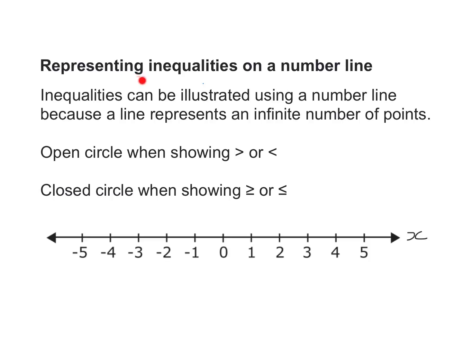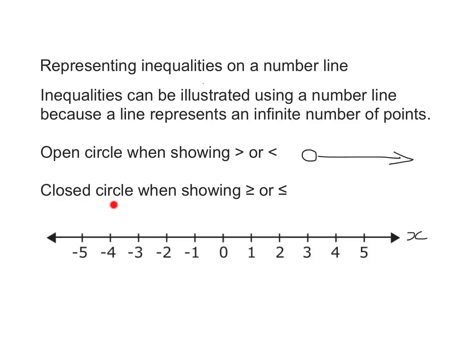We can represent inequalities on a number line. This is a number line as an example, on the x-axis. Inequalities can be illustrated using a number line to represent an infinite number of possible answers. The important thing is to use an open circle with an arrow on the end for the less than or greater than signs.